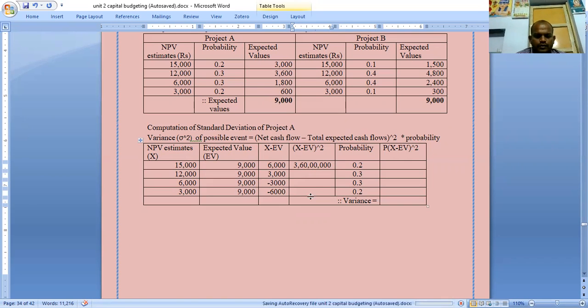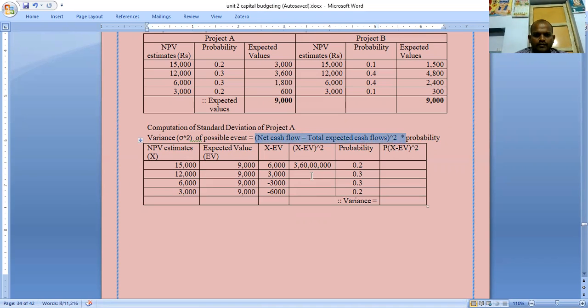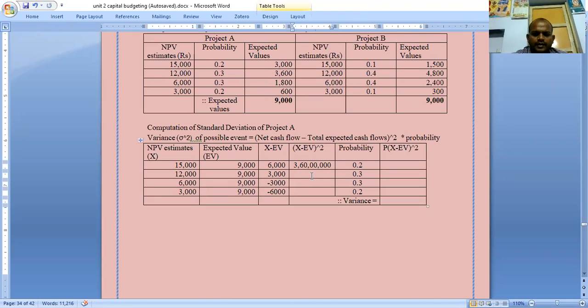Actually, if we calculate by using this formula directly, it won't be difficult. For easy understanding, I prepared a table so that it will be easy to understand.